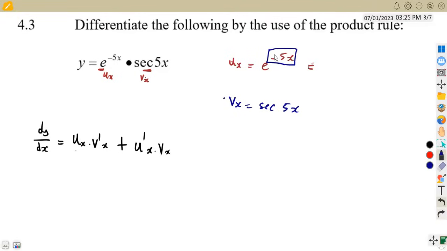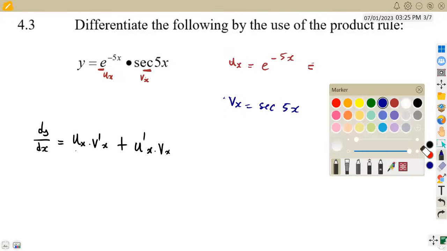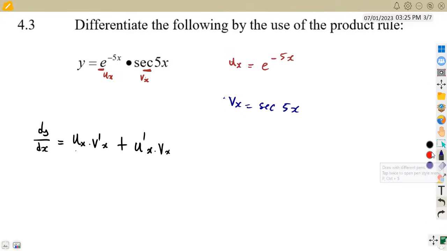It's the derivative of negative 5x, which is negative 5 in this case. Then you multiply that by e, which is e to the exponent of negative 5x.